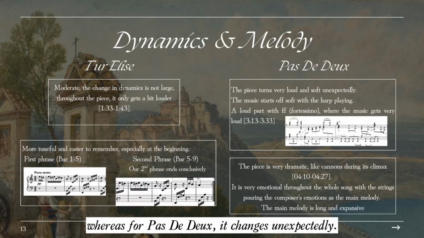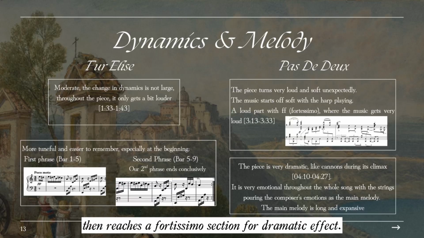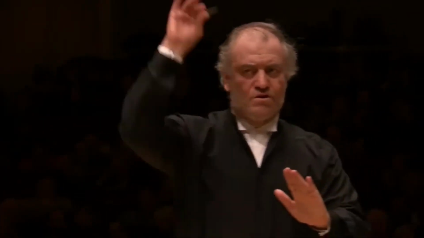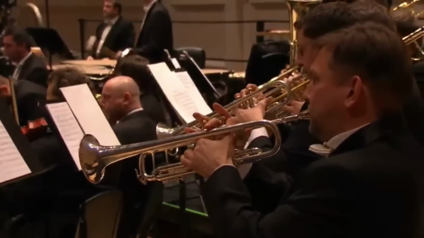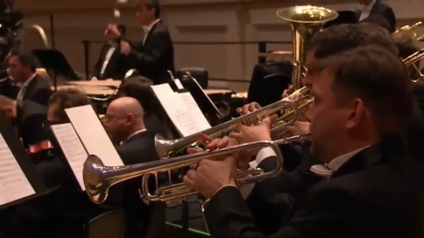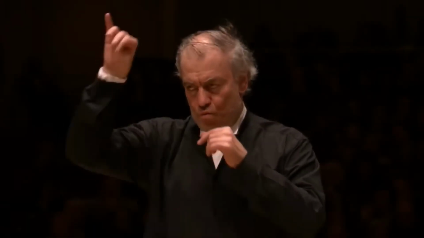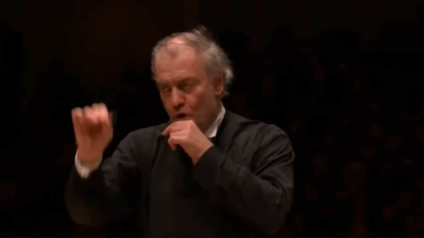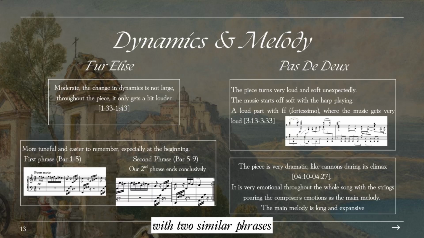Whereas for Pas de Deux, it changes unexpectedly. It starts off soft, then reaches a fortissimo section for dramatic effect. The melody in Für Elise is simpler and memorable, with two similar phrases.